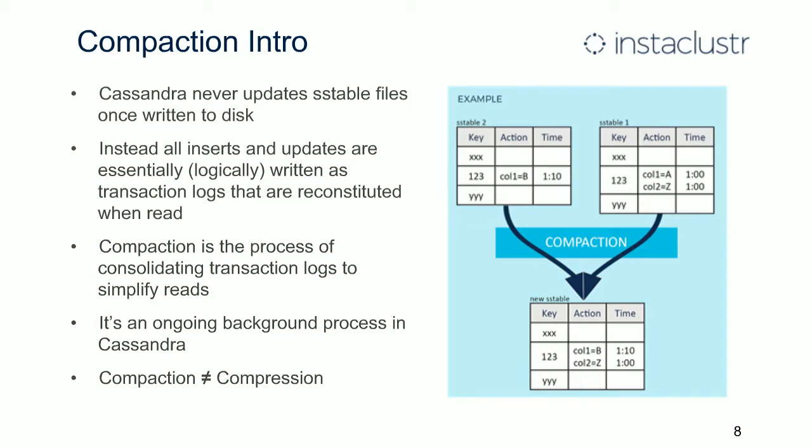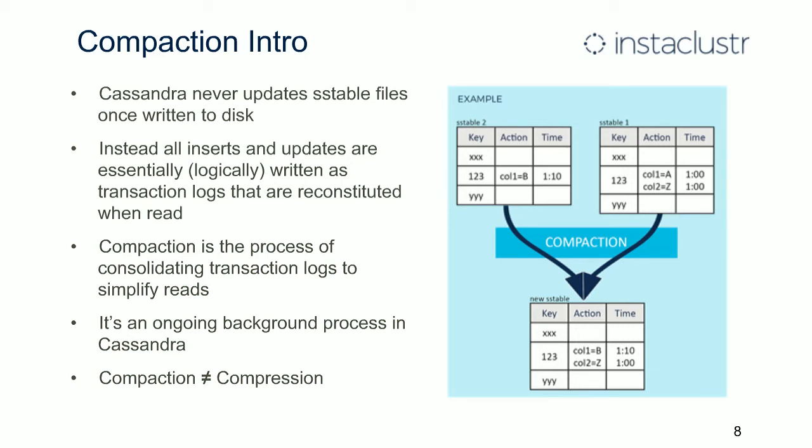So the example shown on the right of the slide there is that we have one SS table which says that a row with key value 1, 2, 3, at 1 o'clock, was set with the value of column 1 set to A and the value of column 2 set to Z. And those two things were written at 1 o'clock and written out to SS table 1 when the flush occurred.